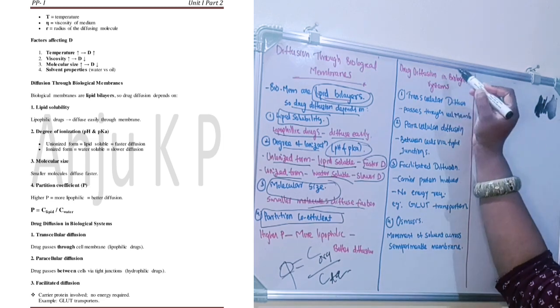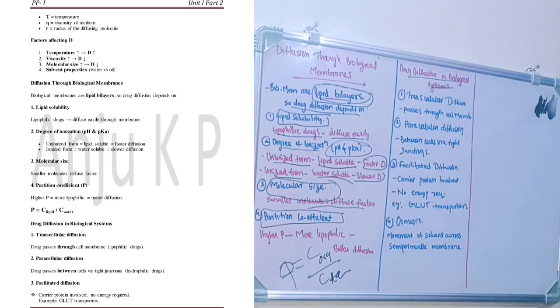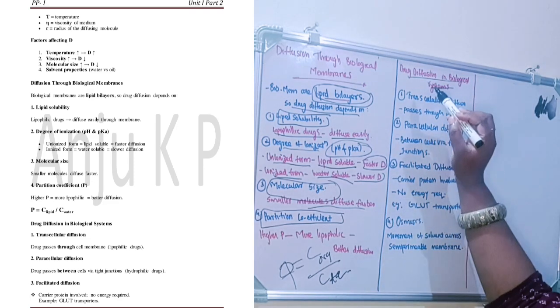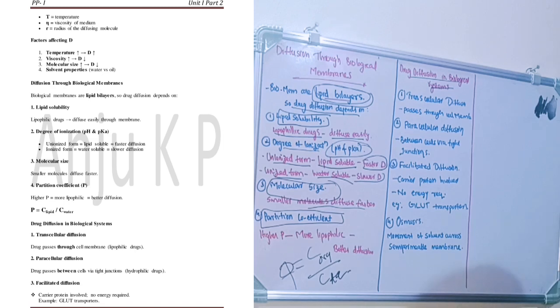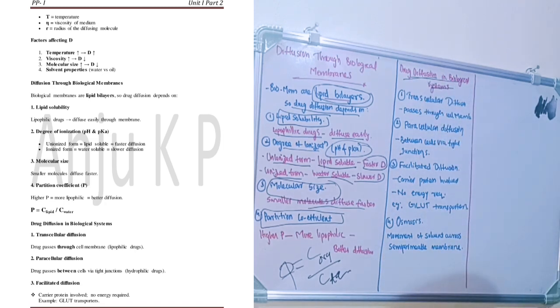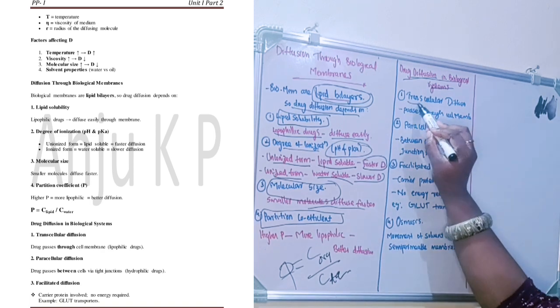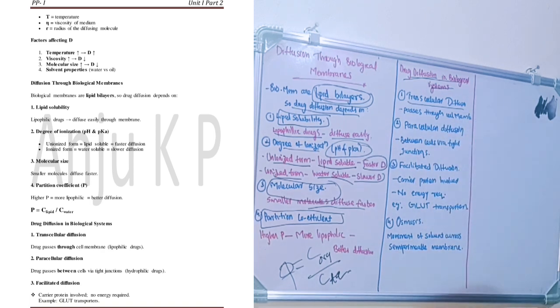So now we will talk about how the drug will diffuse in the biological system. Previously we had seen the types of diffusion. Here we are seeing what mechanism is happening when the drug is diffusing in our biological system. So we have four types here. First one is transcellular diffusion.